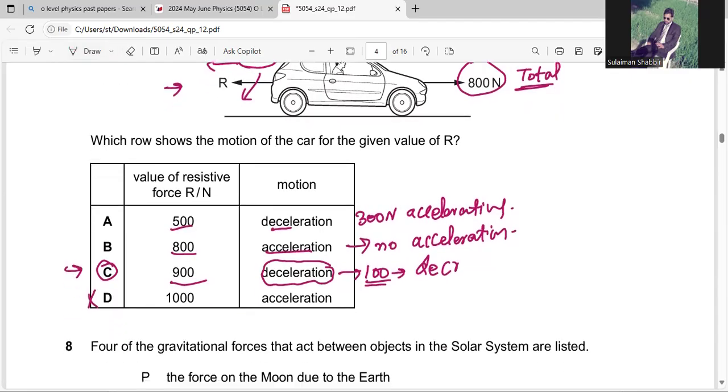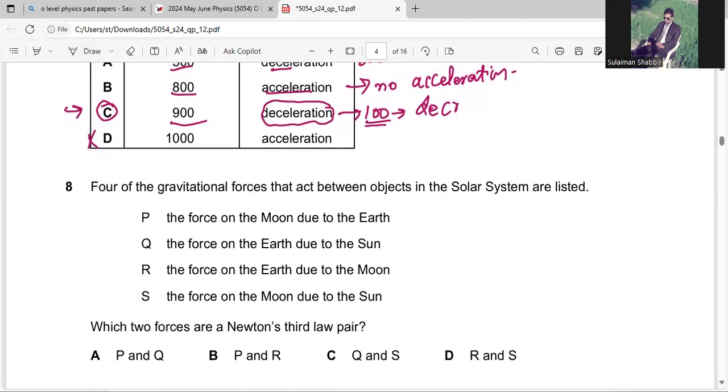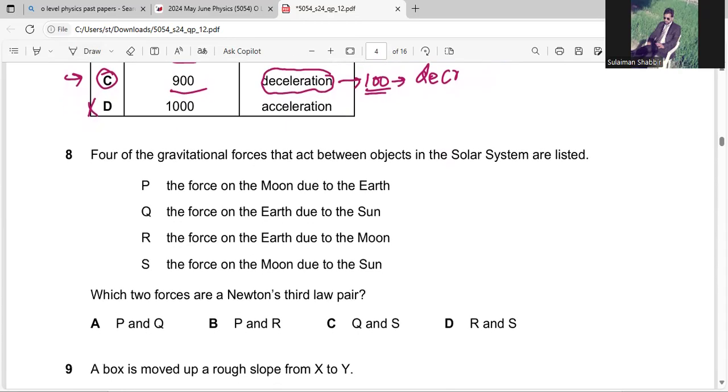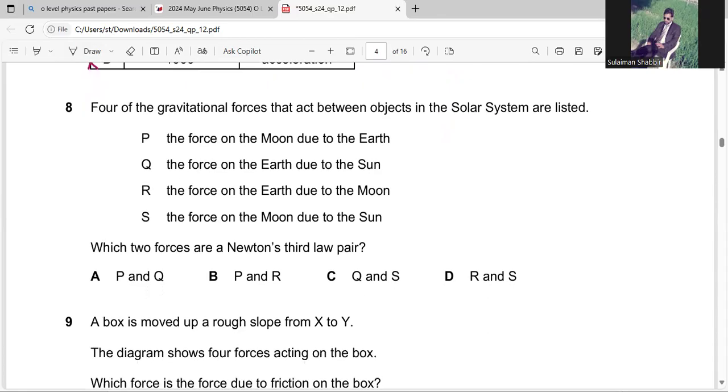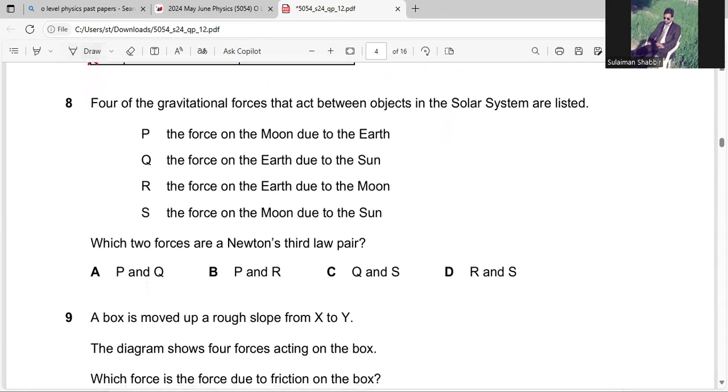After that, four gravitational forces that act between objects in the solar system are listed. The force on the Moon due to Earth, the force on the Earth due to Sun, the force on the Earth due to Moon, the force on the Moon due to Sun.